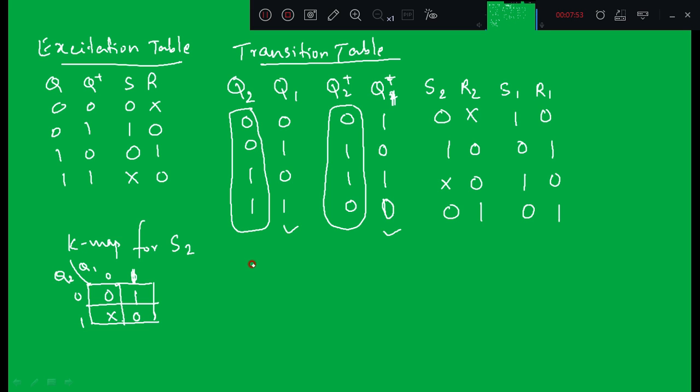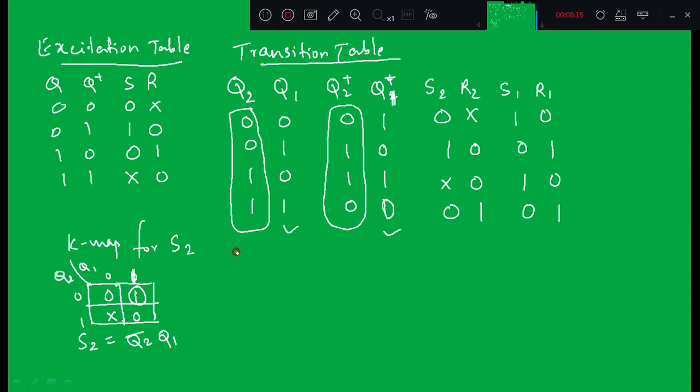I cannot combine this one with the don't care because they are diagonally present, and I cannot make a group of diagonal cells. So this one is grouped individually. The expression for S2 is Q2 bar Q1.